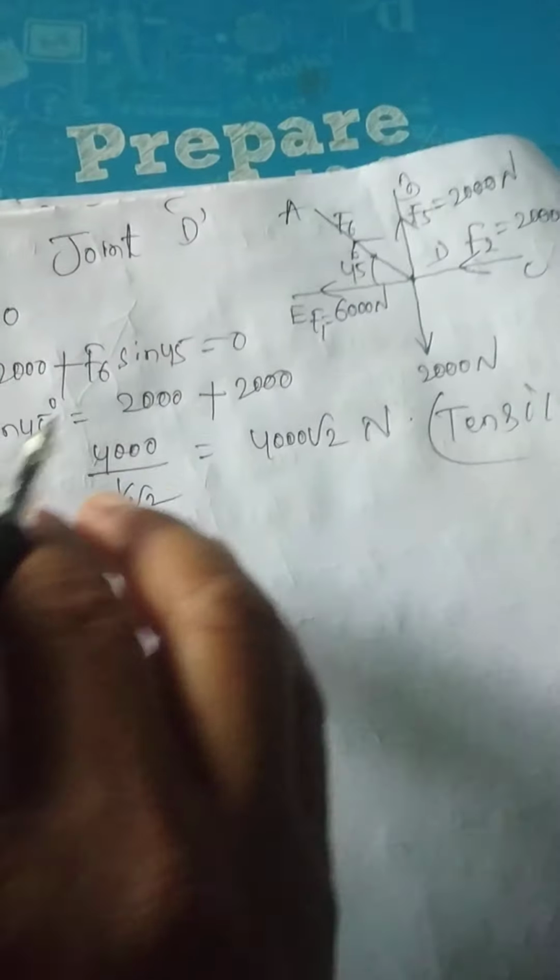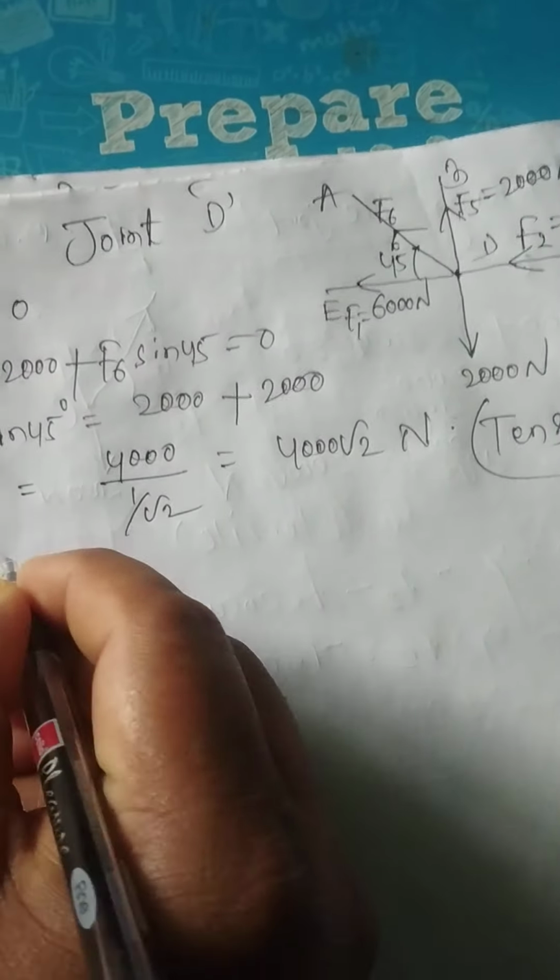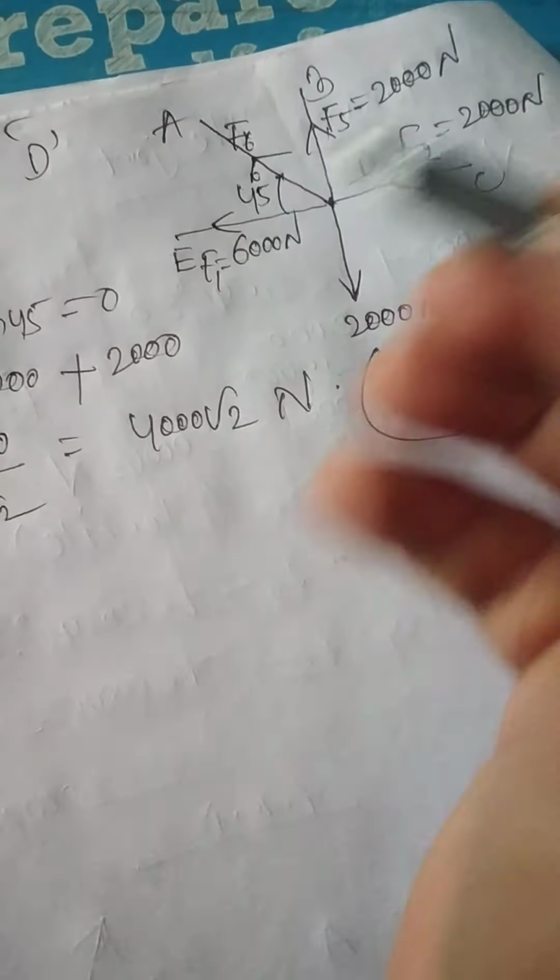Okay, now sum of all horizontal force should be 0. We already got F6, so there is no need to find out the horizontal force. Now you have to draw the table.